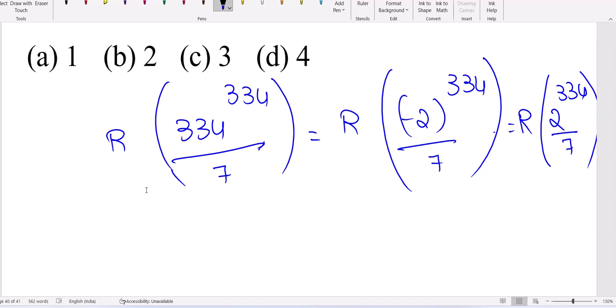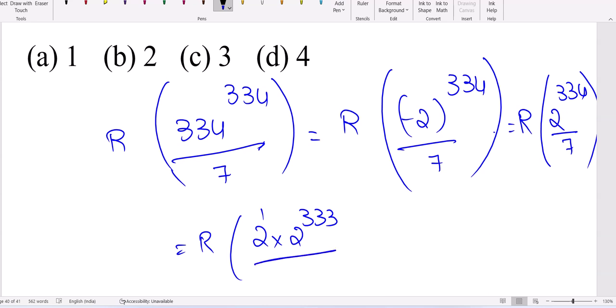So I want the power as a multiple of 3. 334 is not a multiple of 3, so I write this as 2 into 2 power 333, because powers can be added: a power m into a power n.